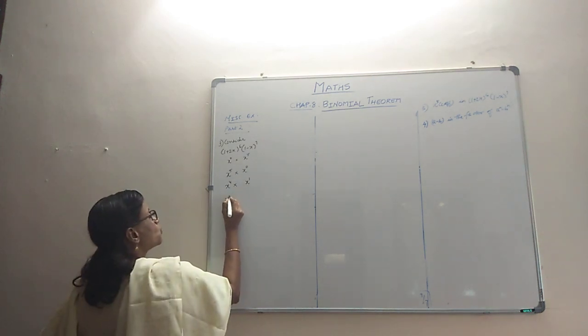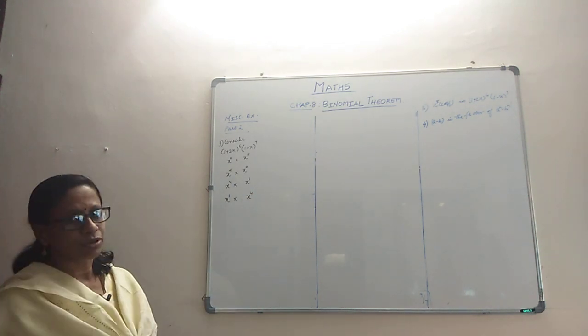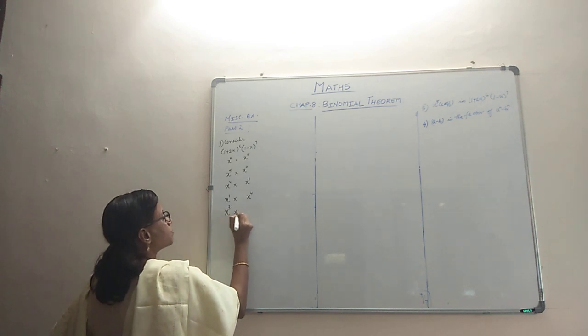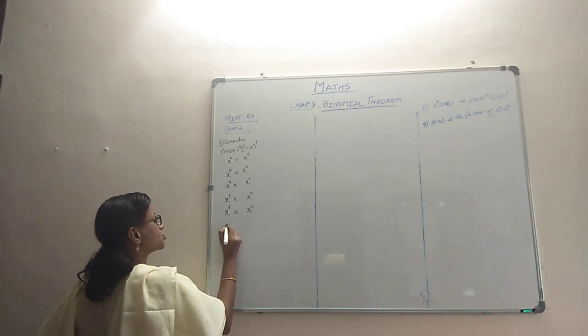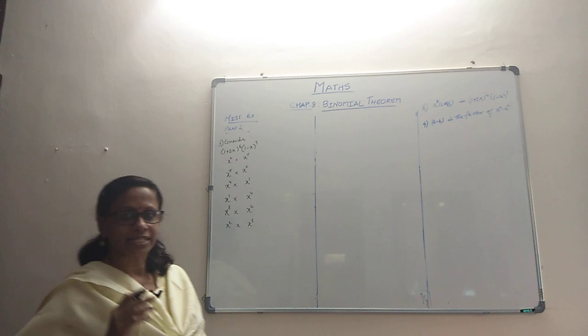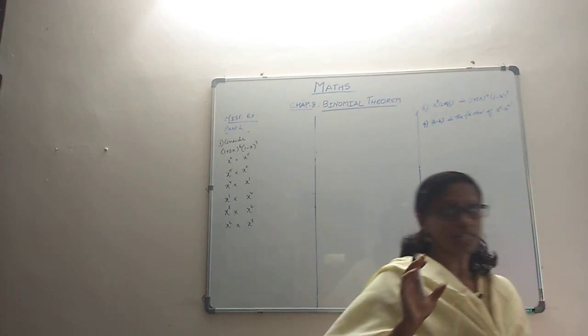Similarly, x raised to 1 expression from here and x raised to 4 expression from here could give you x raised to 5. Another possibility is x raised to 3 expression from here and x raised to 2 expression from here, and vice versa, x raised to 2 from here and x raised to 3. These are the possible cases where you would get x raised to 5 terms.